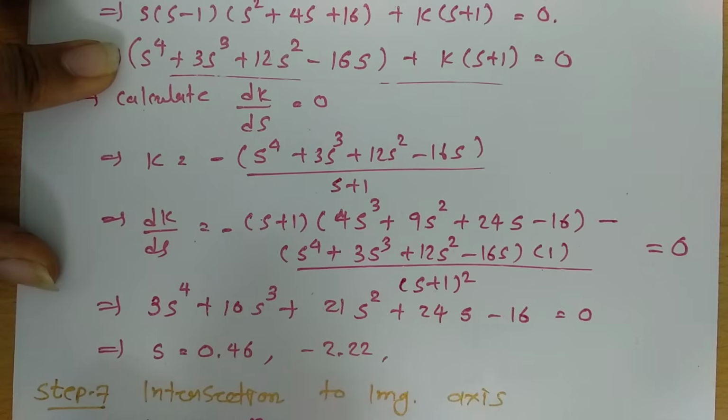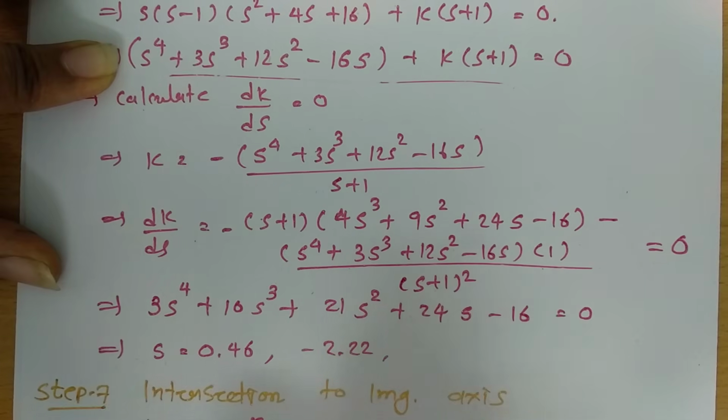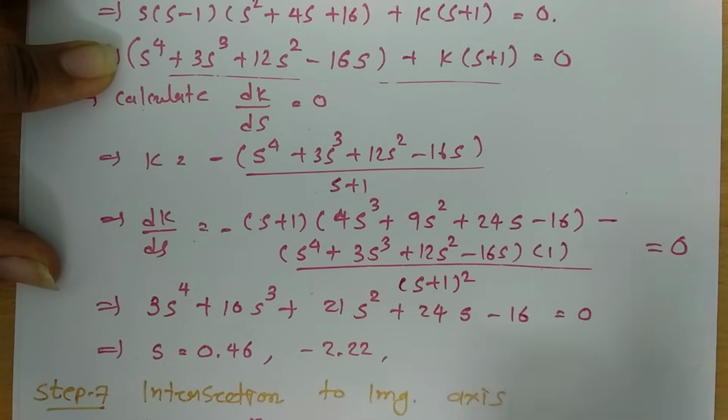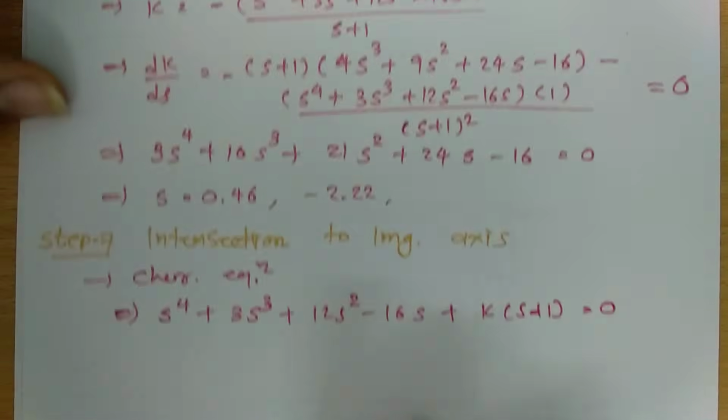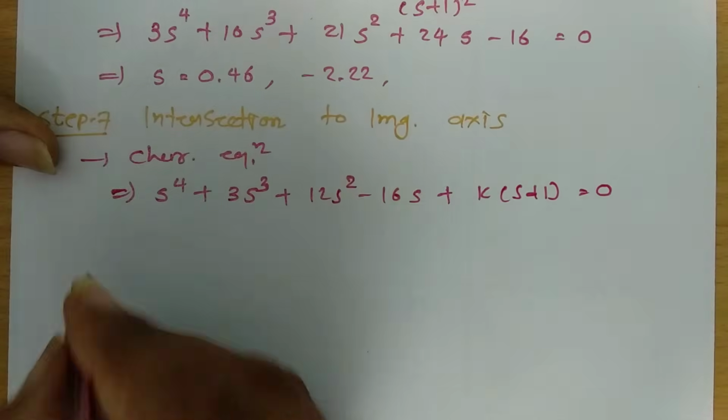So this characteristic equation is s raised to 4 plus 3s cube plus 12s square minus 16s plus k into s plus 1 equals 0.